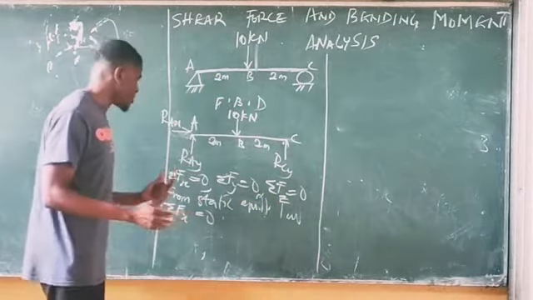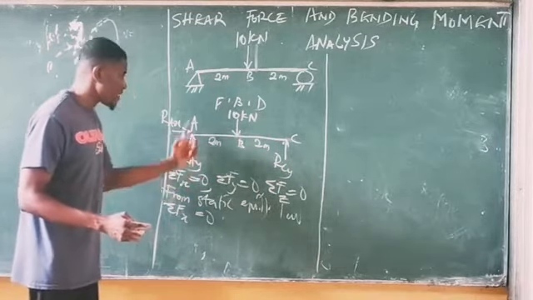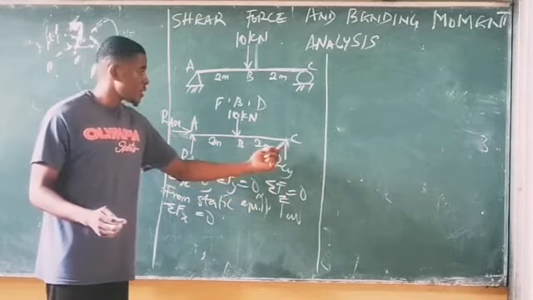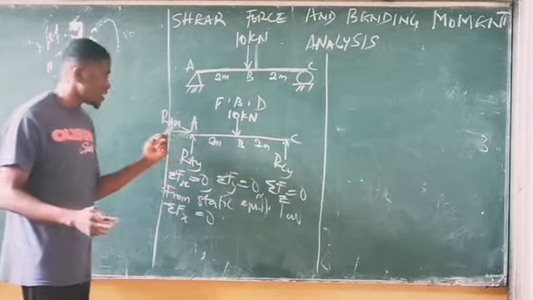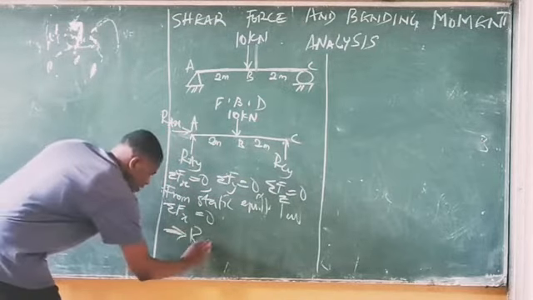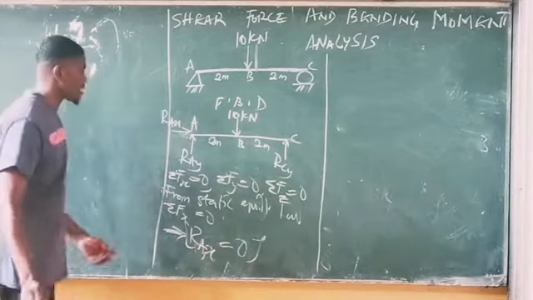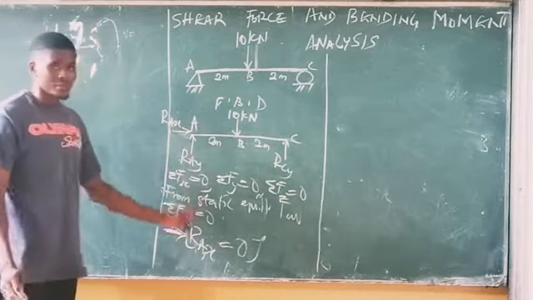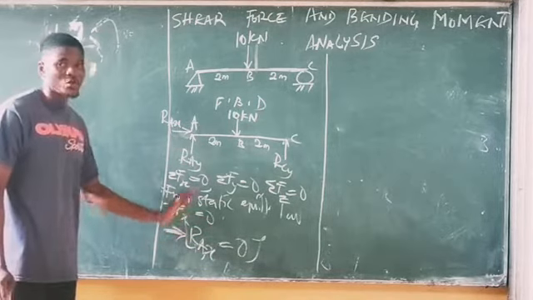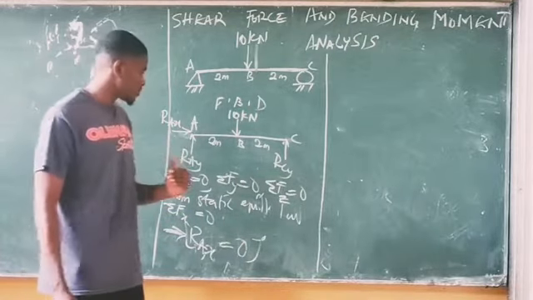When we check this beam, RAY is vertical, RCY is vertical. So we do not have any other horizontal force apart from RAX. So this implies that the reaction RAX is simply 0. That's the first law obeyed. Summation Fx is equal to 0. The sum of all horizontal forces is equal to 0.